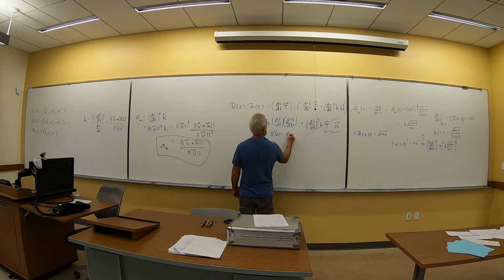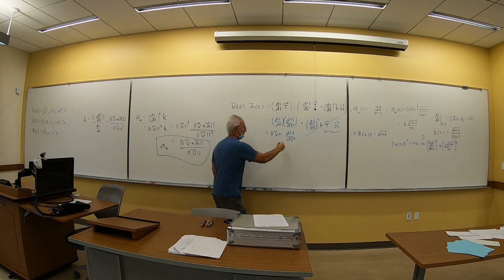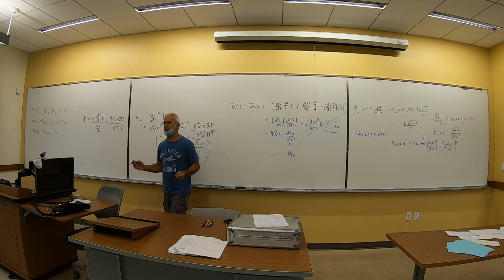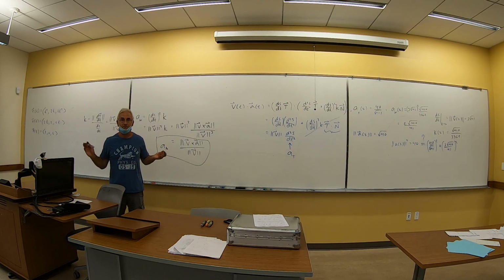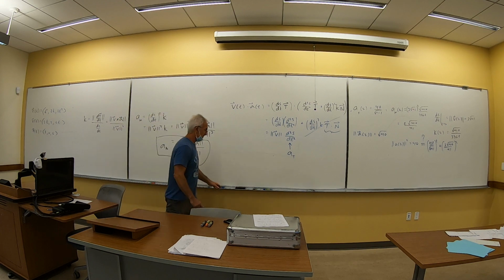What if I write it like this? That is the tangential component of acceleration, right? That one thing, which in the first example I did today wasn't that hard to find. It really wasn't difficult to find.